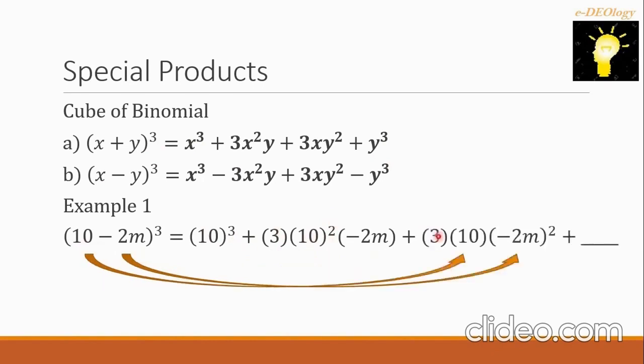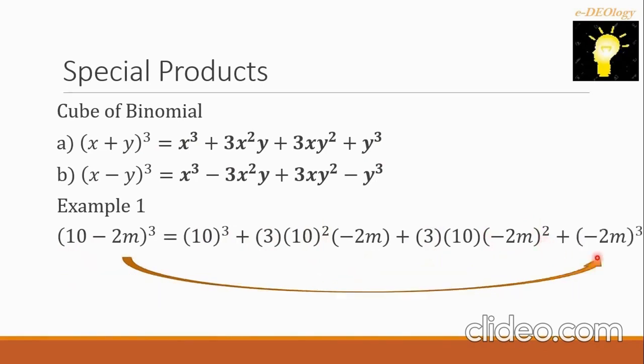In the third blank, the constant 3 must be there. I will copy the 10 and the negative 2m, but this time the second term, the negative 2m, must be squared. For the last blank, the negative 2m must be raised to 3.